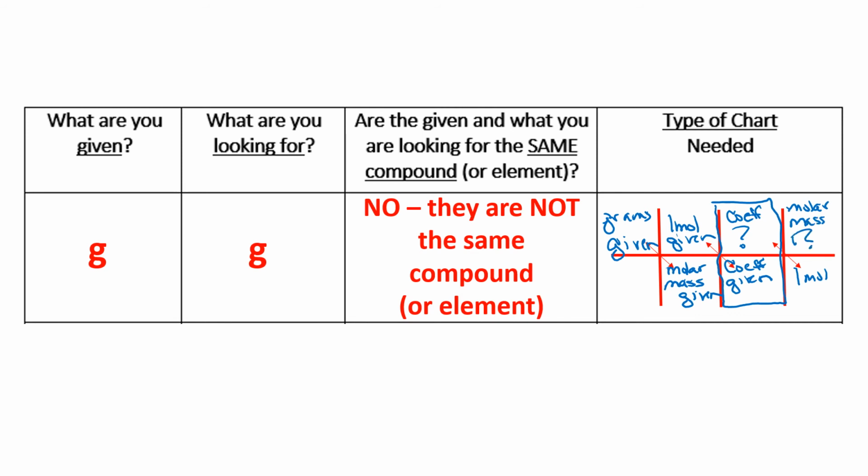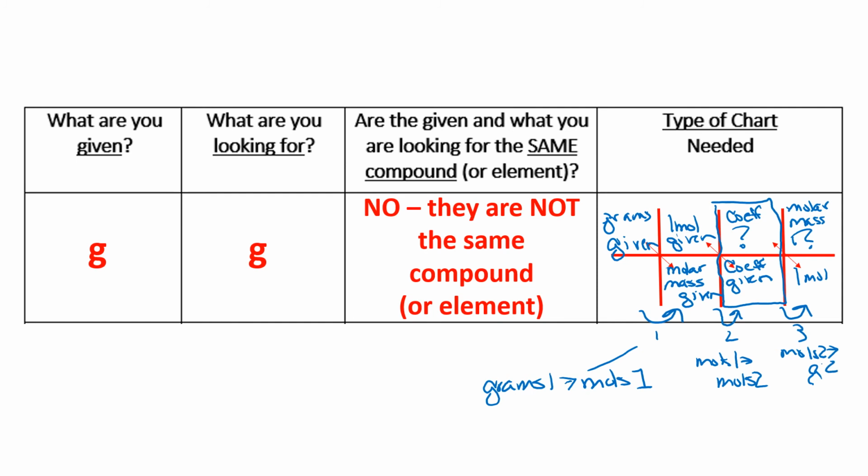So 3 steps. Step 1 is going from grams of 1 to moles of 1. Step 2 is going from moles of 1 to moles of 2. And step 3 is going from moles of 2 to grams of 2.